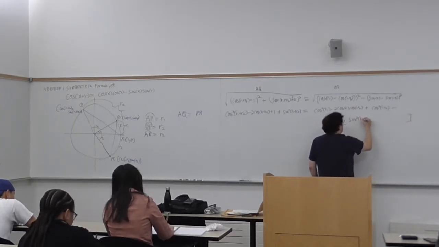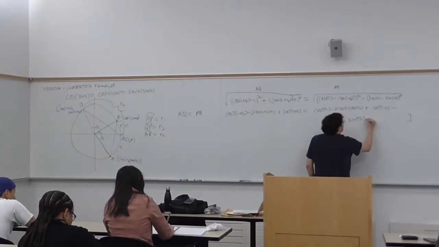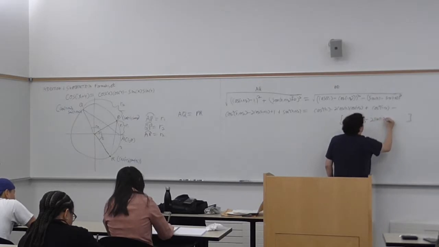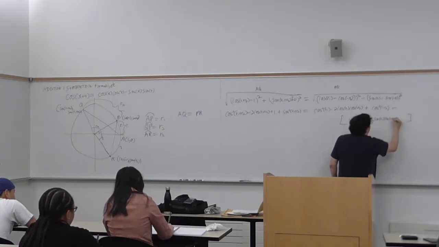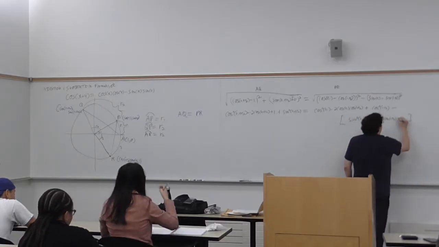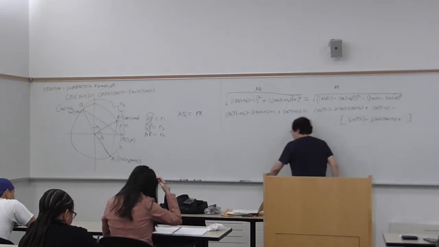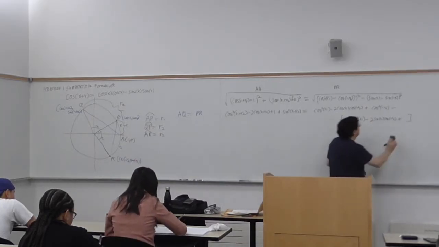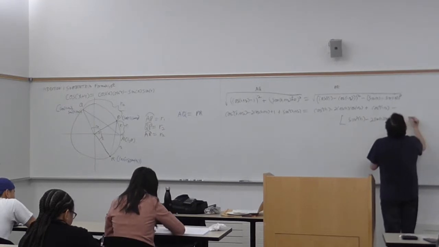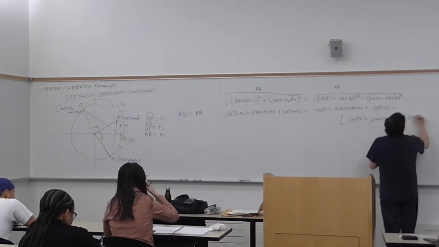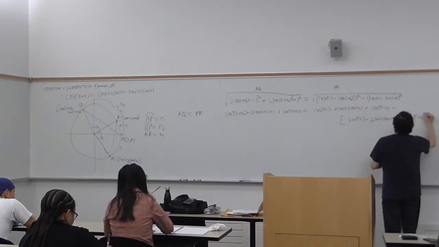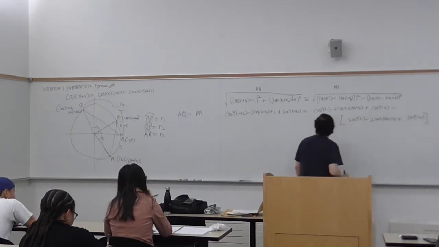Sine squared r1 minus 2 sine r1 sine negative r2 plus, so being optimistic here, plus sine squared minus r2. Oh boy.